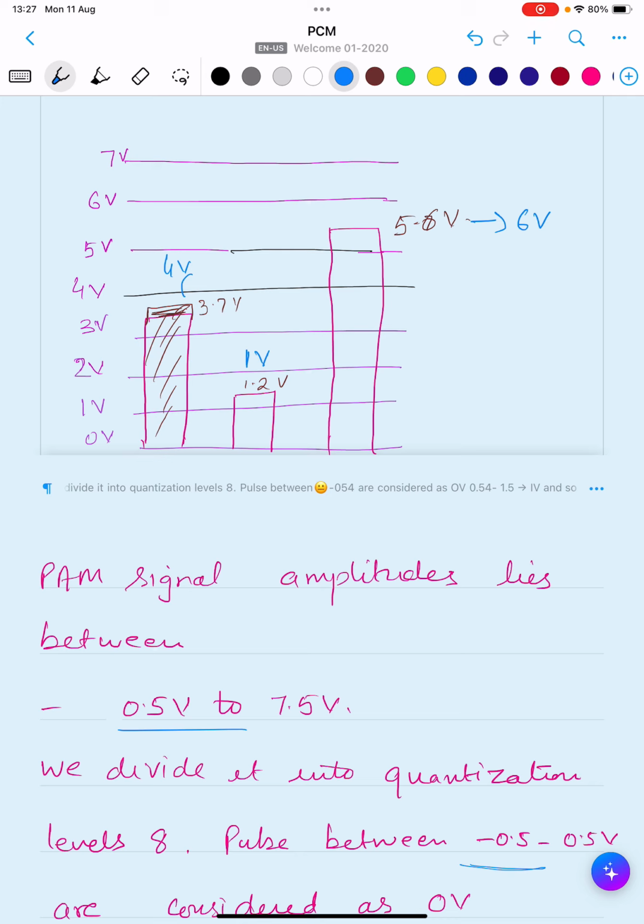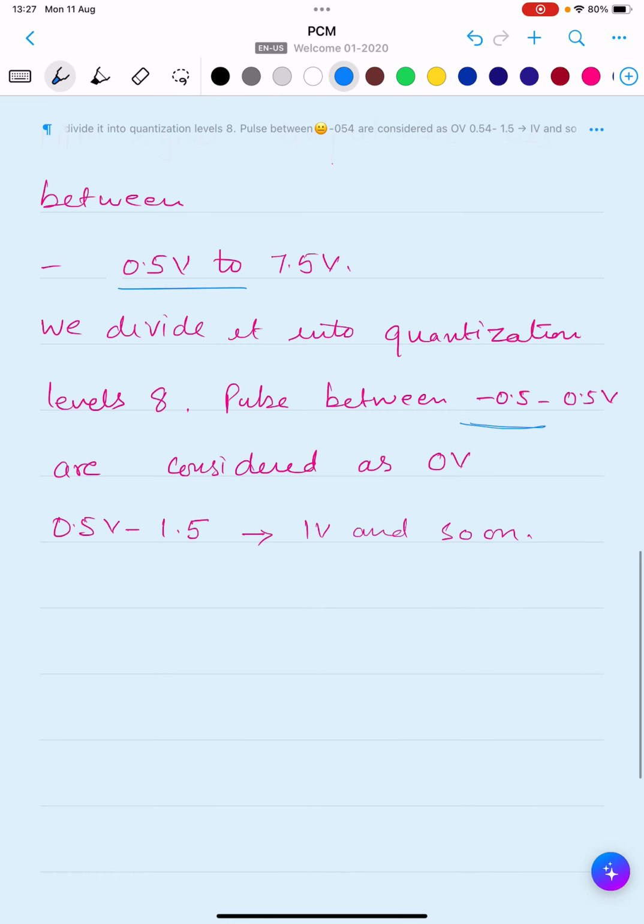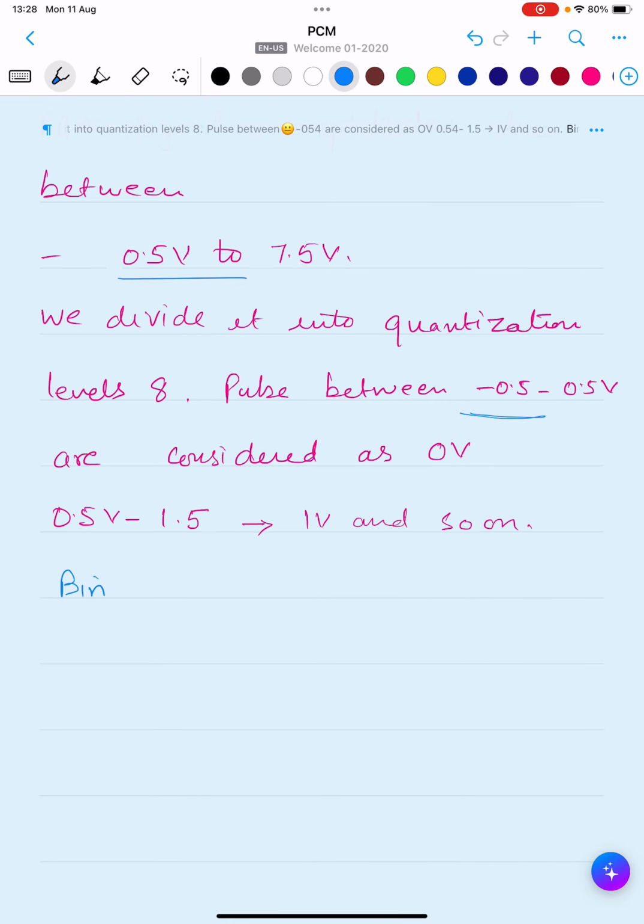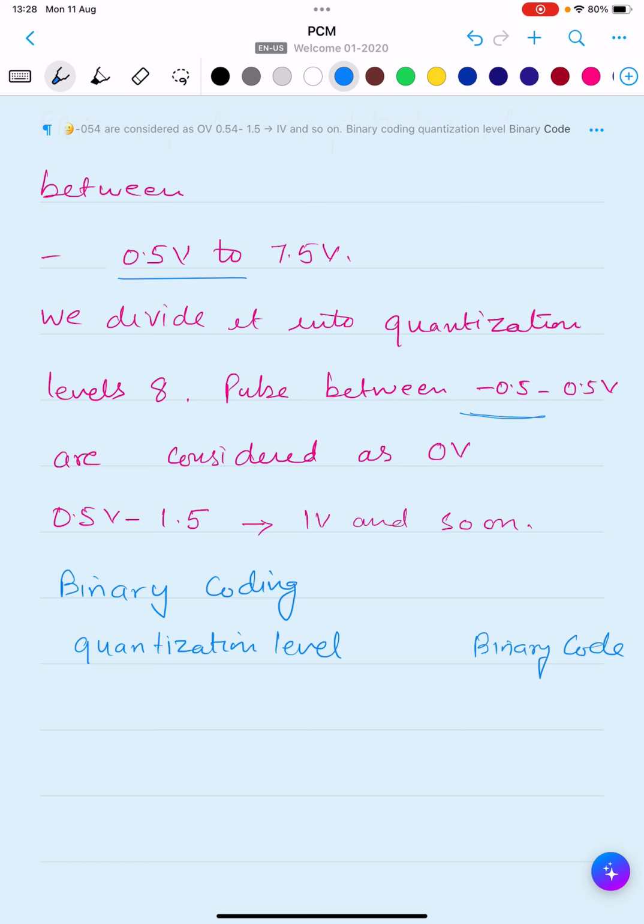These quantized pulses are then encoded, and the most popular code, as everyone knows, is binary coding. If you are aware of the binary coding of numbers, let's say my quantization levels are defined here, with the level and the binary code given here.